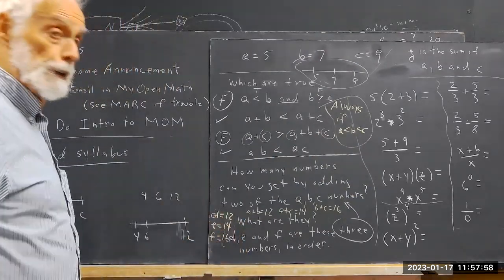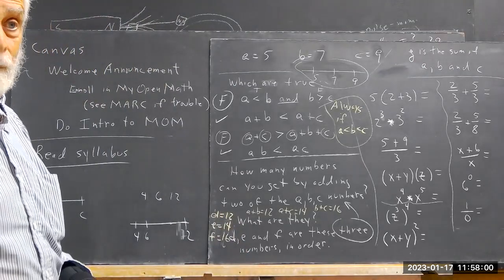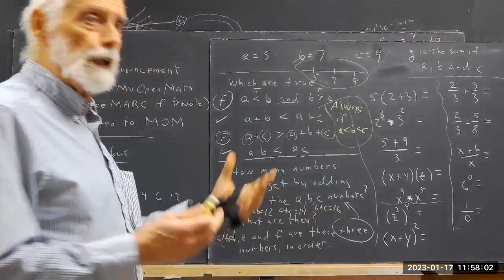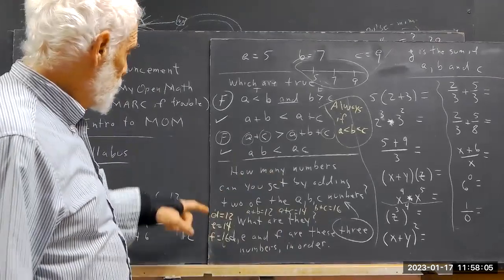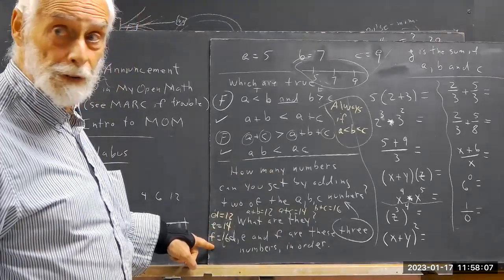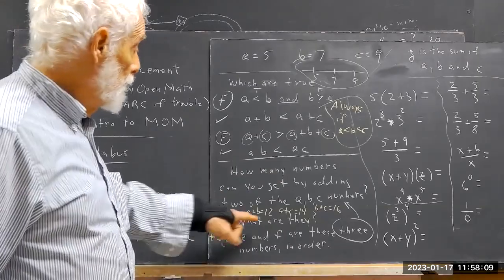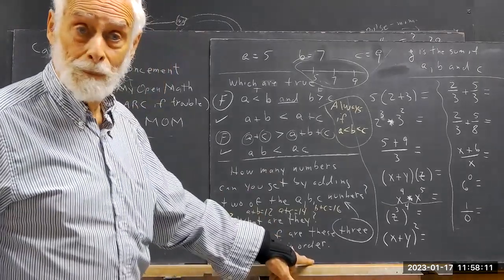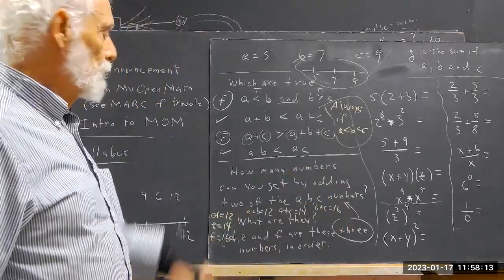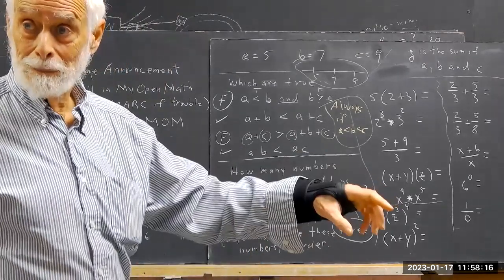I get 12, 14, and 16. If I calculate them out of this order, I have to put them in order from least to greatest, so that D is always going to be less than E, and E less than F.